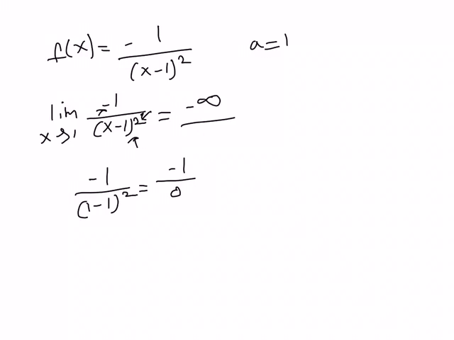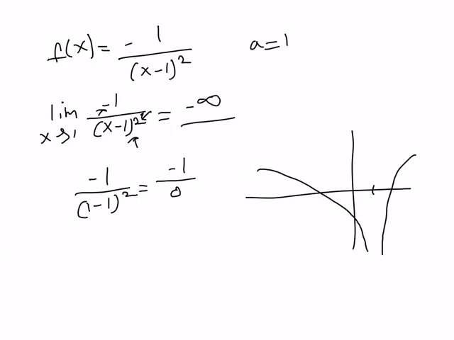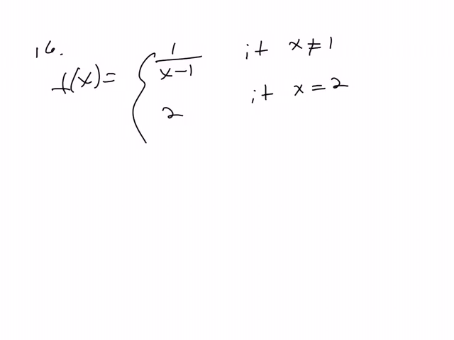Going back to the previous problem, if we sketch it, it's going to look something like this. At 1, it's going to negative infinity, so it's doing something like that, and going to negative infinity. Okay, so let's show that this function is discontinuous at a equals 1.